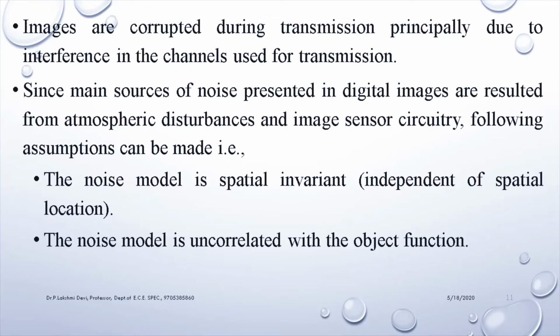Since the main sources of noise in digital images result from atmospheric turbulence and image sensor circuitry, the following assumptions can be made: the noise model is spatially invariant, that is, independent of spatial location, and the noise model is uncorrelated with the object function.